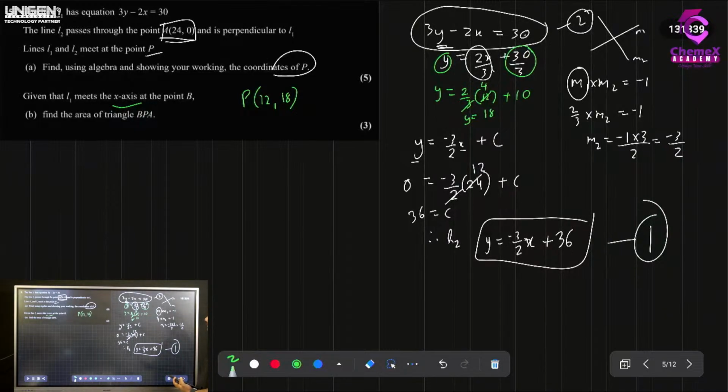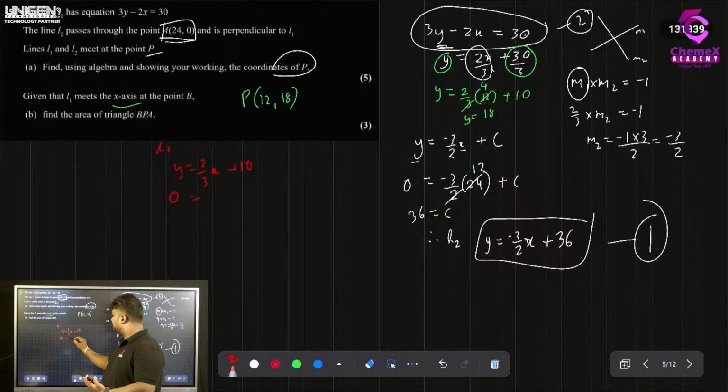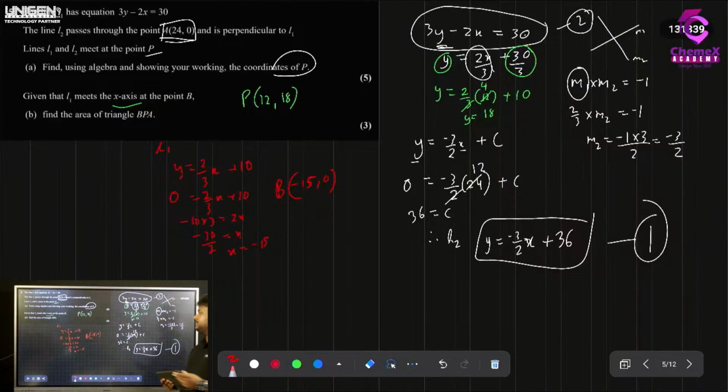How do you find the B coordinate? For this equation, y equals 2 over 3 x plus 10. For x-axis cutting, y is 0, do you know that? So minus 10 times 3 equals 2x. So minus 30 over 2 equals x. x equals minus 15. So minus 15, 0 is B. Alright. So B is also known. P is also known. A is also known.